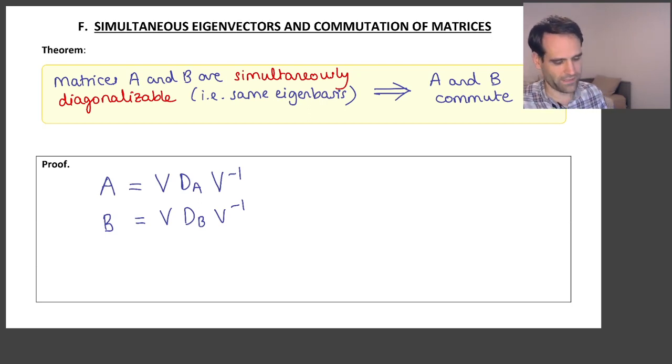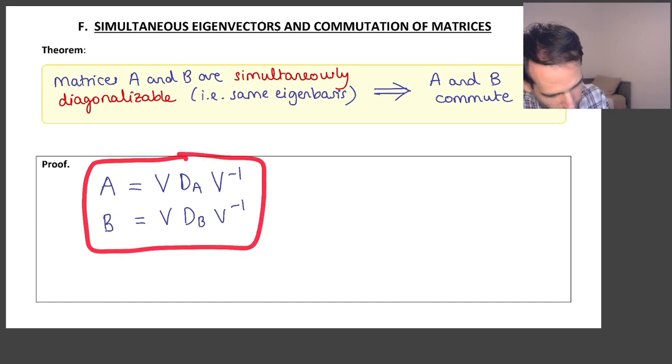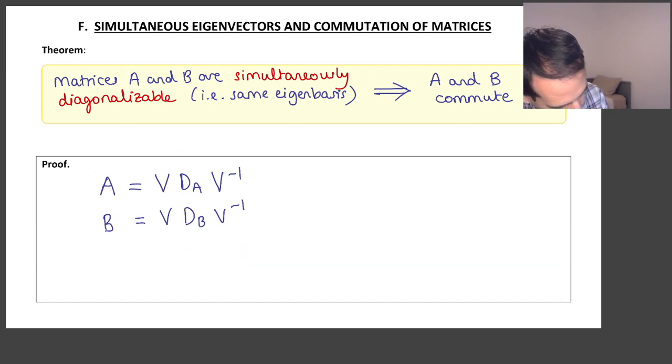So let's prove it. We are going to assume this, and we are going to prove that AB equals BA, which means that they commute. Okay, that's our objective. So this is how the proof goes. We start with A times B, and we substitute the diagonalizable versions of them.